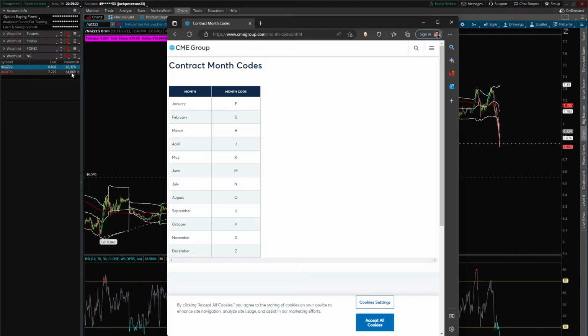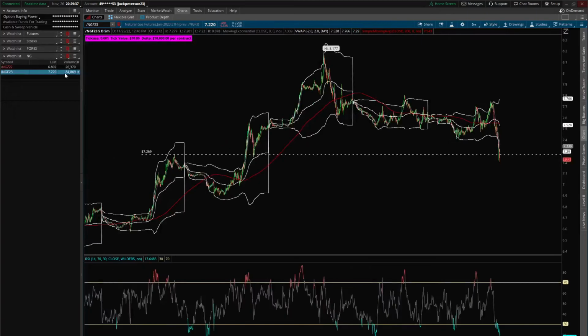And we'll notice the volume for the Friday of last week was actually higher on this January contract. And that is our primary indicator that we are ready to roll and actually trade this new contract.